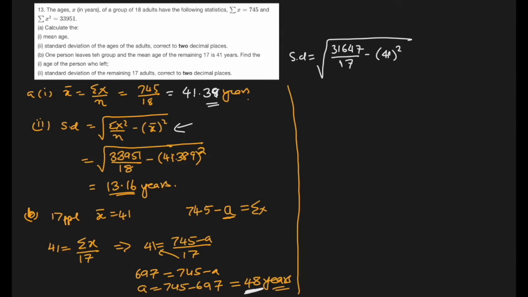Just put this in and you'll get the standard deviation of the remaining 17 people. It comes out to be 13.4438, two decimal places, so we can write 13.44 years. It is more than before because the person with 48 years has left the group.